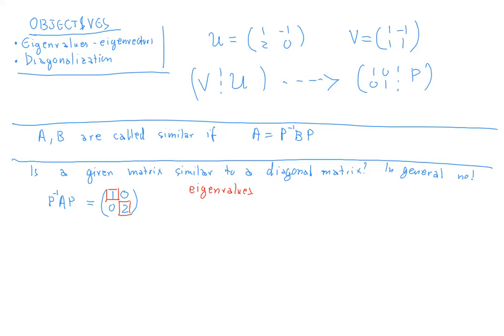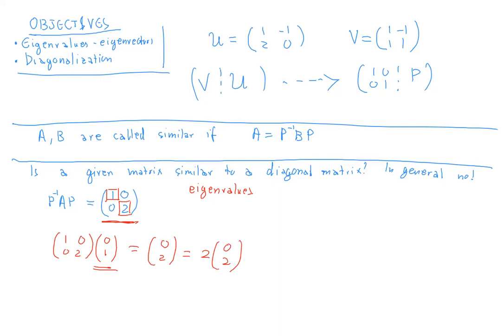Secondly, what you need to understand is that this matrix works very, very nicely for the vectors of the standard basis. So if you take this matrix and you multiply it, let's say, by this vector, which belongs to the standard basis, you will get exactly 0, 2, which is twice this vector.